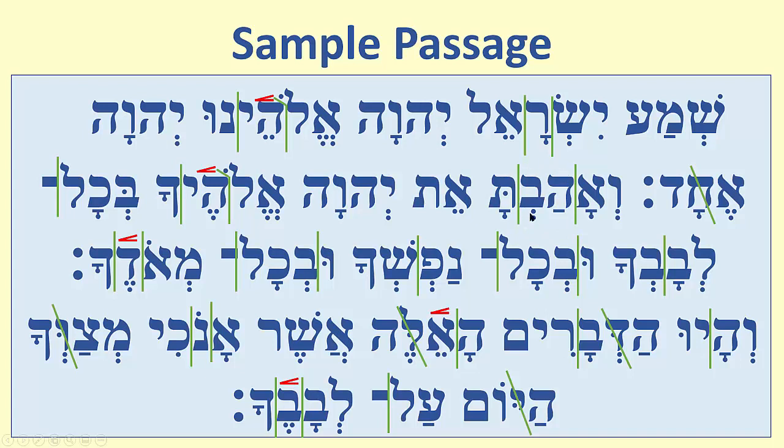The next syllable is closed, hav, with a silent schwa under the bet. And because there's no sound in this schwa, that means the next begad kefat letter gets a weak dagesh, ta. This is an open syllable with a long vowel. So wait, all three of these syllables follow the rule of unaccented syllables.